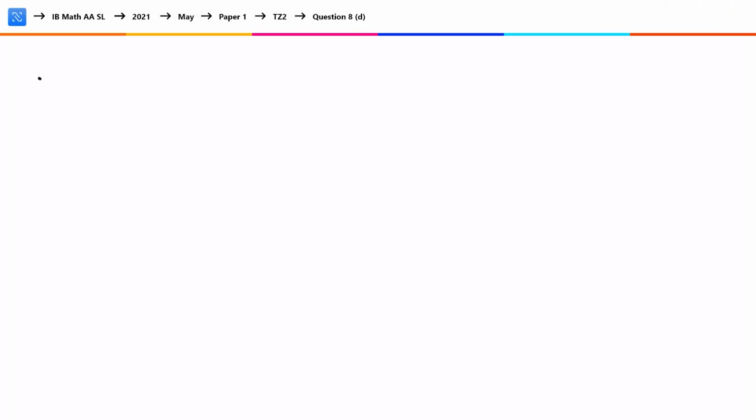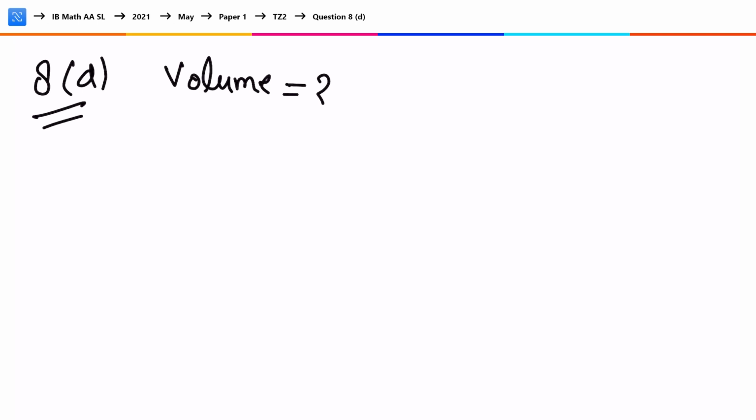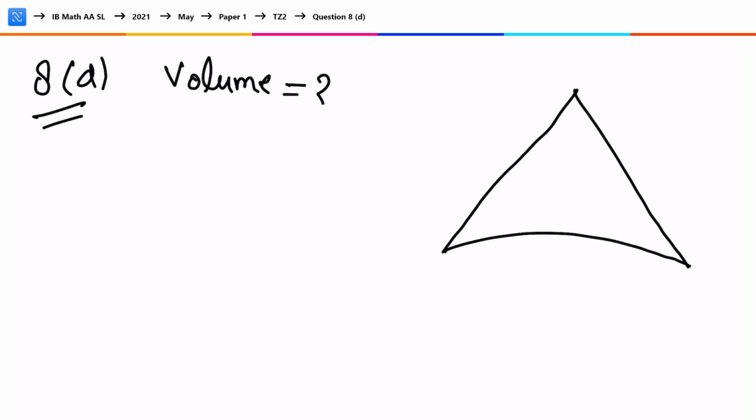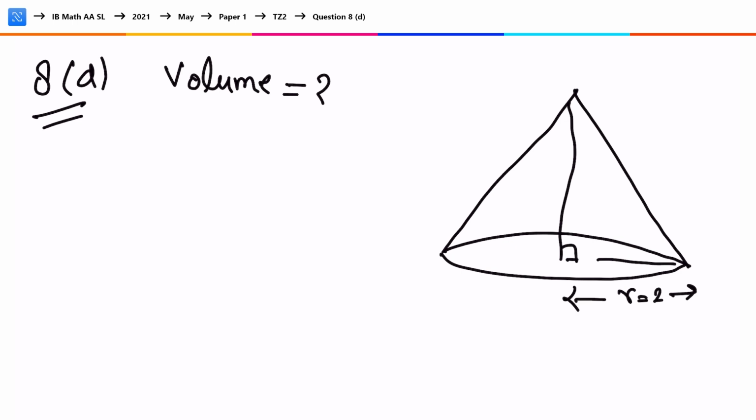Our question is part D of question number 8. Here, find the volume of the cone. We have a diagram of a cone where the radius is equal to 2, the slant height L is equal to 4, and we need to find the height h.